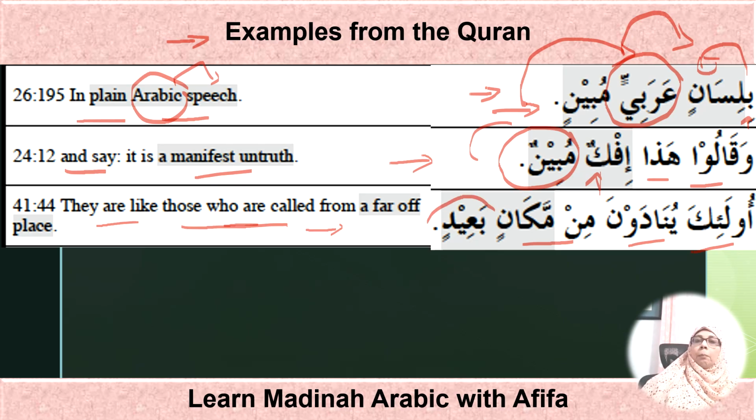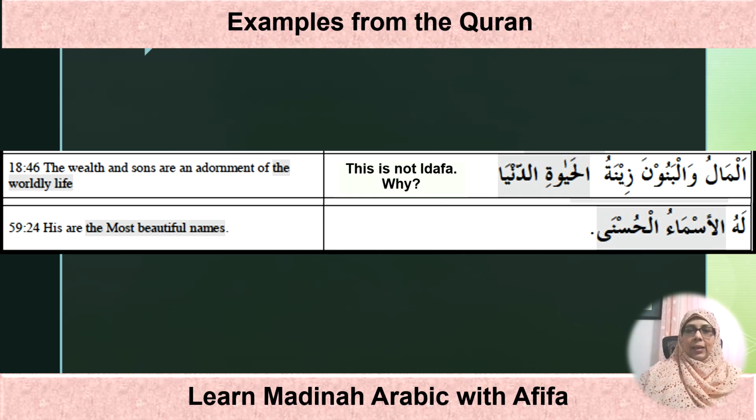So here, ba'idin is your adjective describing the place. That's why it matches it in its case. Makanin ba'idin. So ba'idin is your adjective here, right? Far off place. So let's continue our examples from the Quran on adjectives.